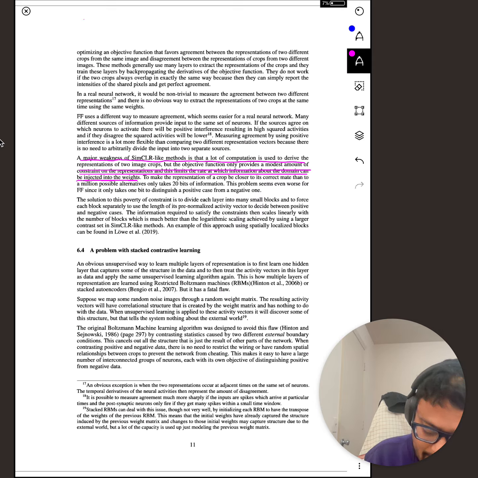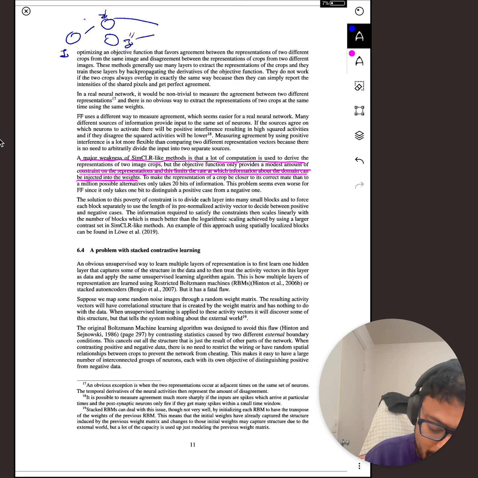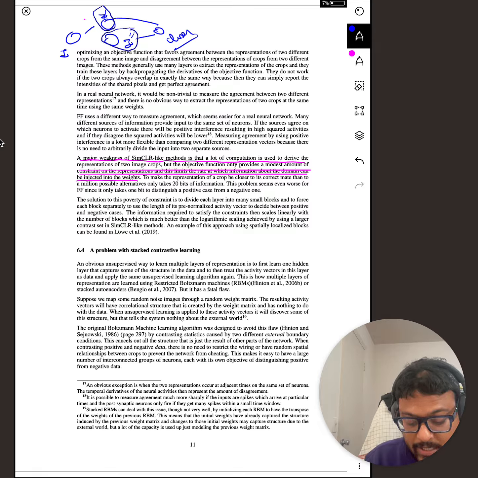So what he's saying is that all contrastive learning does is take an image and generate two crops, I dash and I double dash, and then somehow tell them to be closer together, right? So basically, to do that you have to compute a forward pass for I dash and I double dash to get those representations, and you just pull them together.